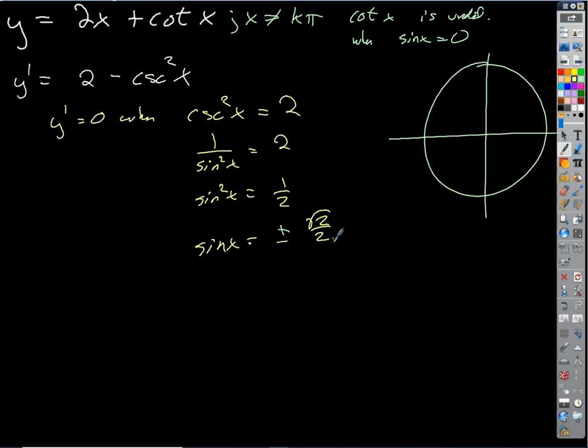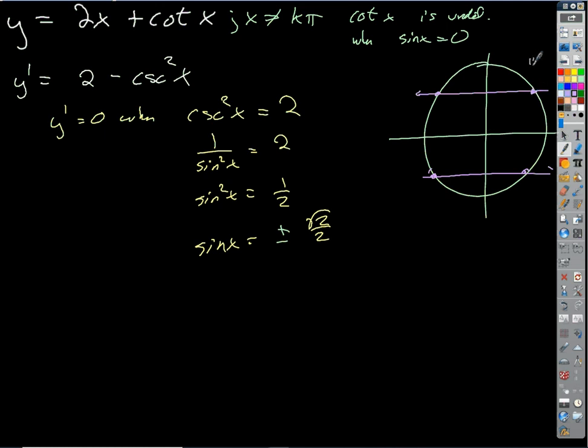Where does sine equal positive or negative square root of 2 over 2? That's when the y coordinate would be at those two places right there, and at those two places right there, wouldn't it? Yeah. So I'm going to get all those places. Well, what are those places?